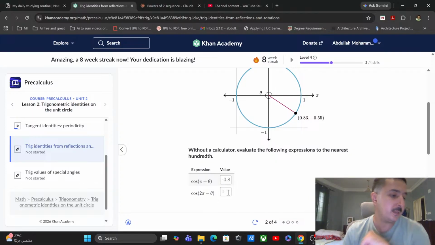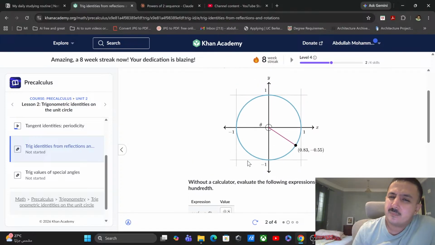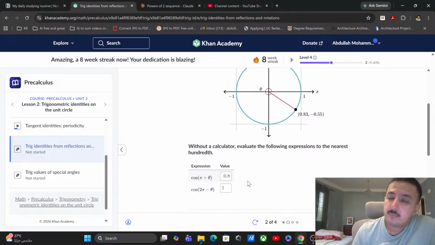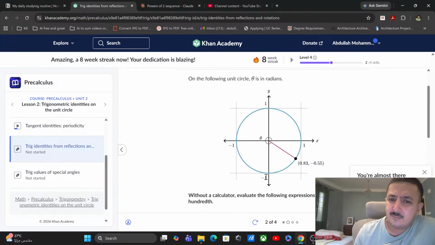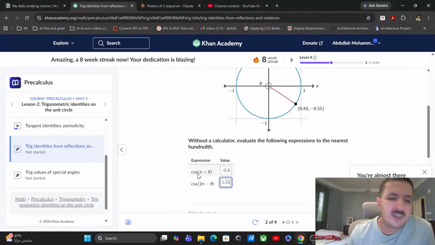Two pi minus theta. Cosine, cosine, it's not sine, cosine.